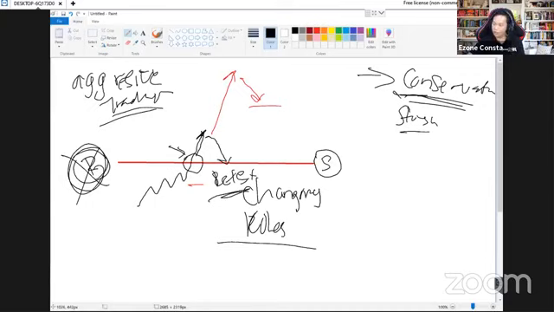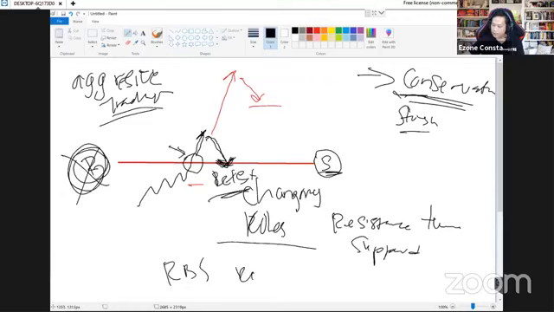Dia nak tunggu kawasan harga ni turun semula dan sentuh percubaan semula untuk uji kawasan resisten, kawasan rintangan dan kini dikenali sebagai support. This is what we call resistance turn support. Some of them call this RBS, resistance become support.